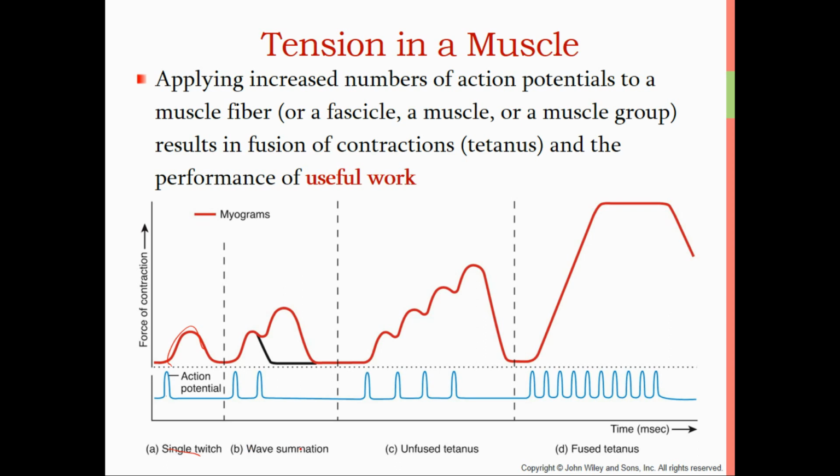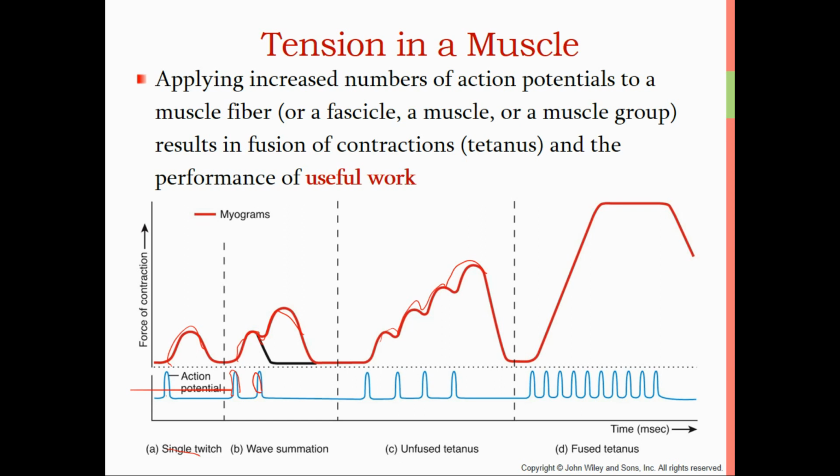A wave summation is where an action potential causes a contraction, and before the muscle can recover, there's a second action potential, and boom, you get a more forceful muscle contraction because it builds upon that first muscle contraction. An unfused tetanus is a series of action potentials where you have a number of wave summations causing a much more increased force of muscle contraction based on a number of stimuli or action potentials.